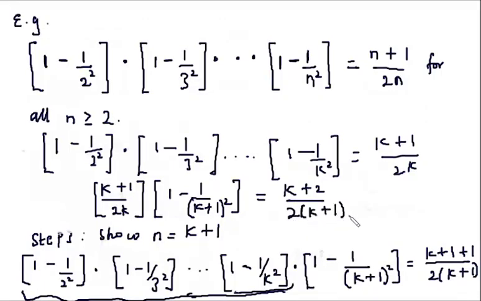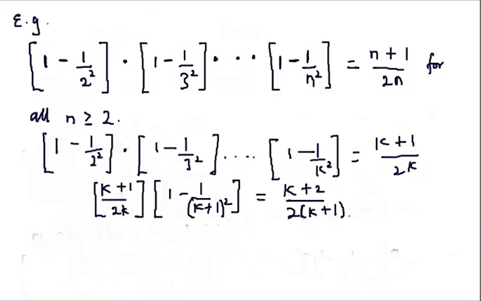Okay, so let's clean up space. We can simplify this by multiplying through by these two terms. So if we apply these terms onto these ones, we have k plus 1 over 2k minus k plus 1 over k plus 1 squared times 2k.